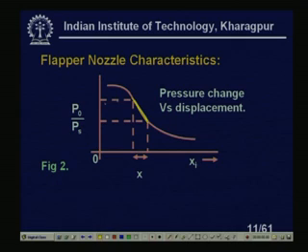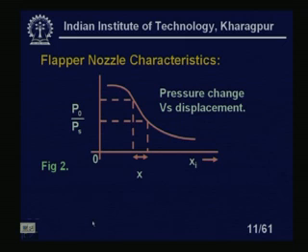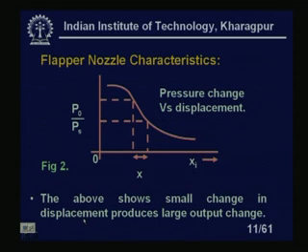With these pressures, PO by Ps corresponds to a pressure of 3 to 15 psi for some predicted displacements of the flapper. The plot shows that a small change in the displacement produces a large output change.